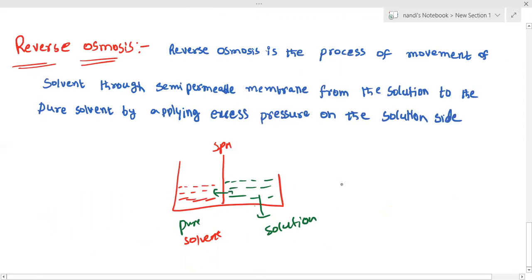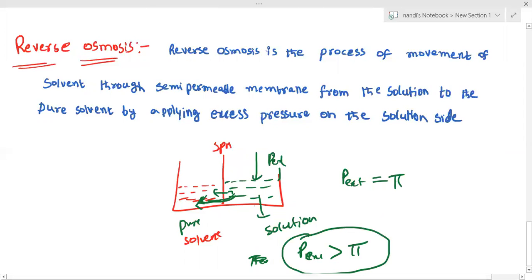At that time P external, which is osmotic pressure, both are the same, pi. Now suppose I am applying more external pressure in this case, then the flow of solvent molecules from solution to solvent increases. Suppose I am applying more pressure, the water molecule flow from solution to solvent is going to increase. In that case, P external is greater than pi, because I'm applying more pressure than the osmotic pressure.